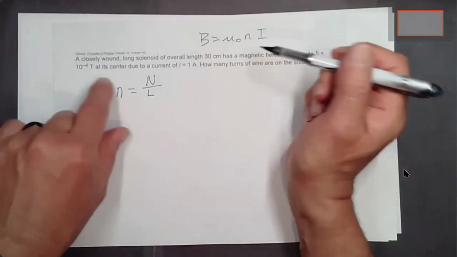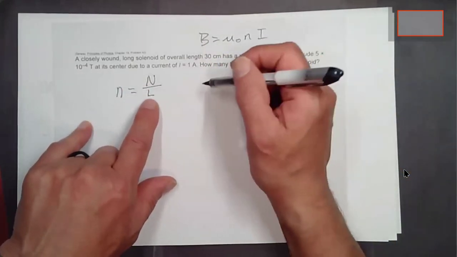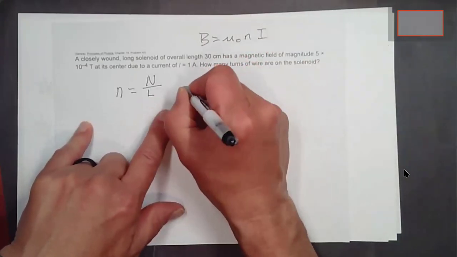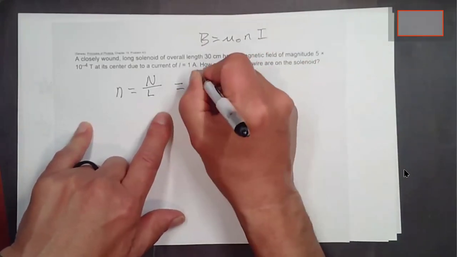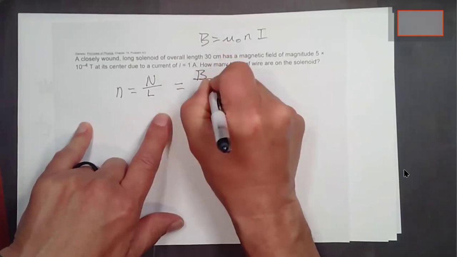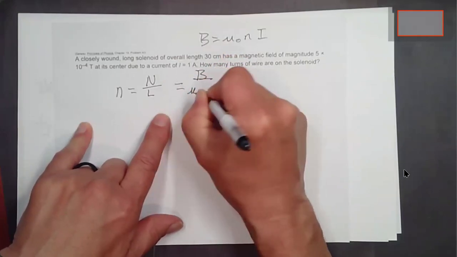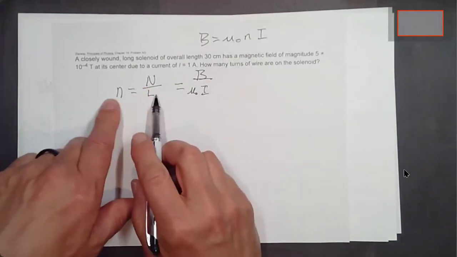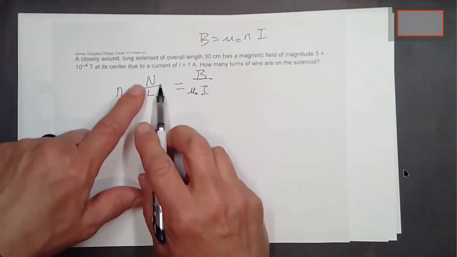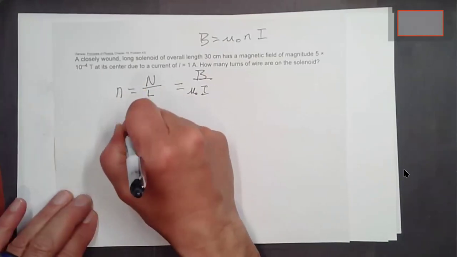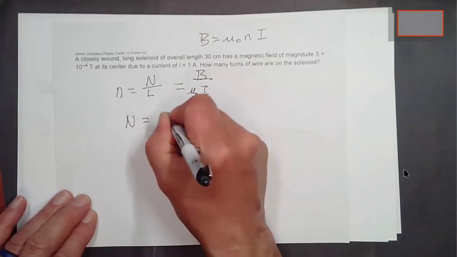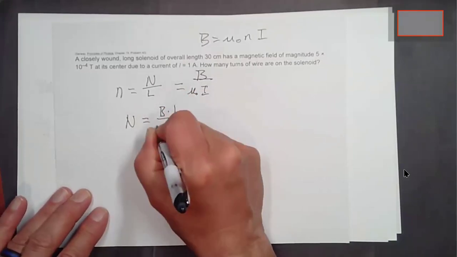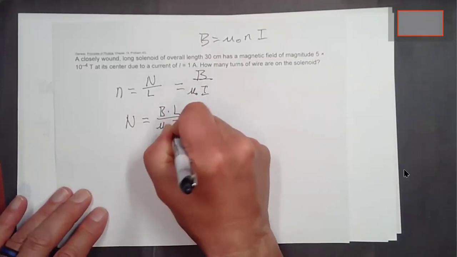We've only got one sig fig everywhere on here. So in this case, little n will equal the magnetic field divided by mu naught times I. And so actually the capital N will end up equaling B times L divided by mu naught I.